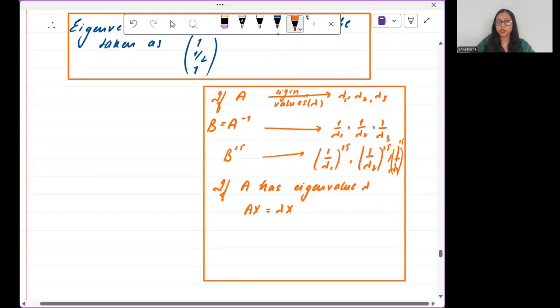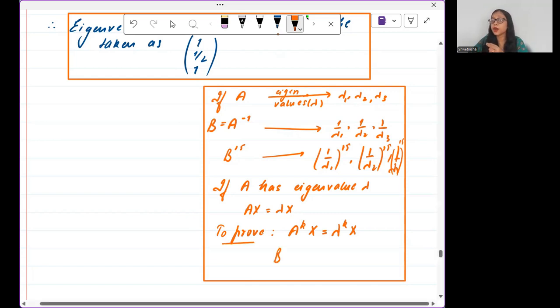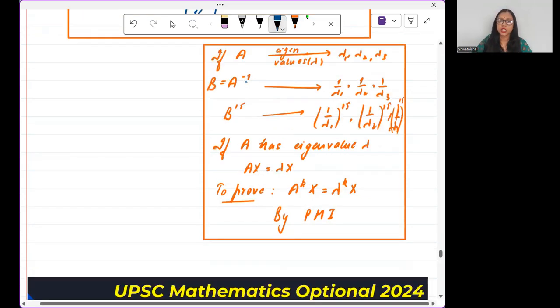The proof is A raised to power k, x is equal to lambda raised to power k, x. That means you see, eigenvectors do not change. Eigenvalues change, and the eigenvalue will also be power k. This you can prove simply by PMI, principle of mathematical induction. So this was the small result used here.